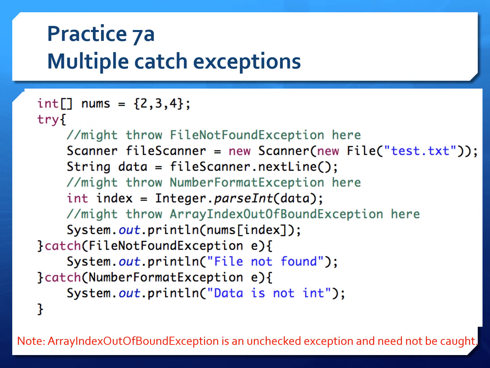Practice time. In this example, there are two exceptions to be caught. The two exceptions are FileNotFoundException and NumberFormatException. First, let's test the code without the test.txt file to throw FileNotFoundException.